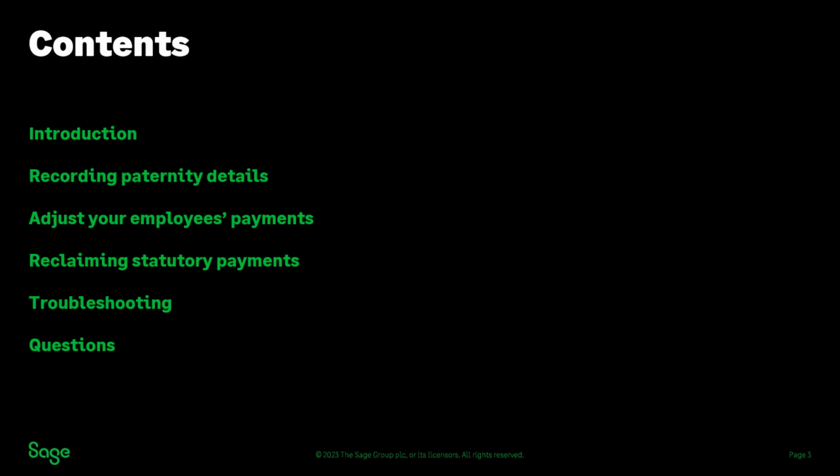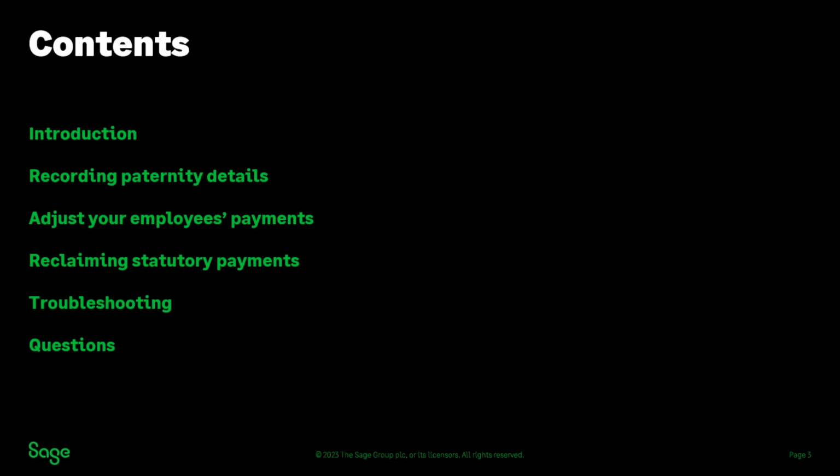So we're going to begin with a brief introduction to statutory paternity pay legislation, and we'll tell you what the current statutory rates of pay are. We're then going to do some demonstrations. So we're going to show you how to record paternity details in Sage 50 Payroll. There's a couple of different ways that you can do this. We're then going to look at adjusting your employees' payments, either using the Make Up Basic option or by doing manual adjustments to reduce the basic pay.